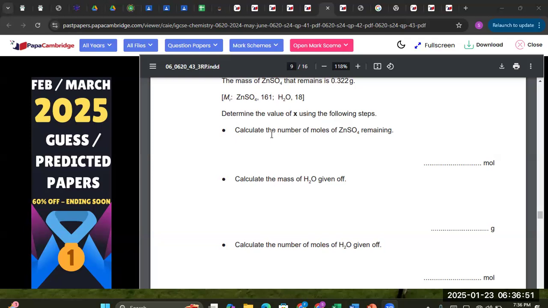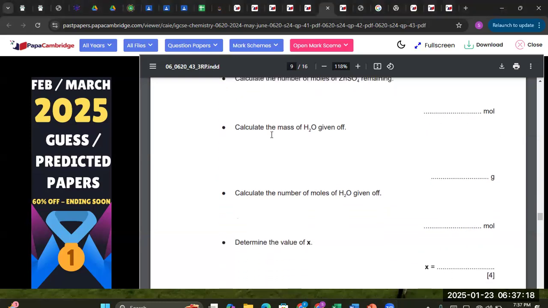So do that. Oh, so it would be 0.014. Yes. Now the last thing that you have to figure out is the value of x.